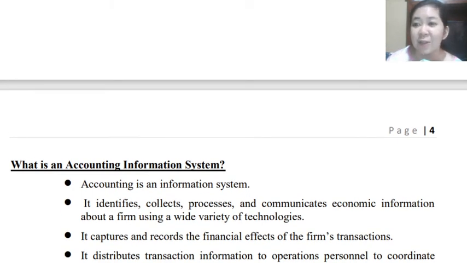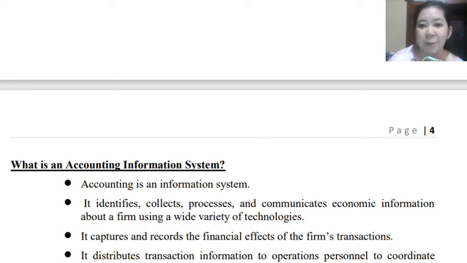Okay, so what about the accounting information system? Okay, so what we talked about earlier is the accounting system, right? But specifically, there are a lot of information systems. But here, we will focus on the accounting information system.